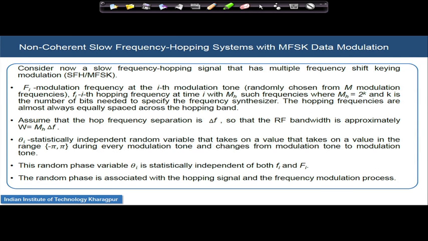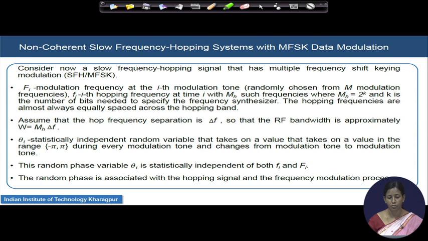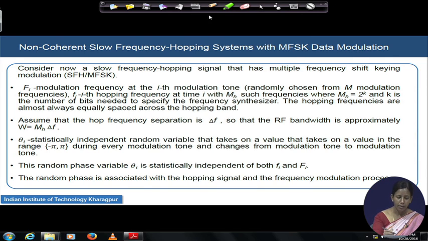A few more considerations, and now we will slowly enter into understanding MFSK data modulation, and how the frequency hopping spread spectrum system would look with it. Let us consider that capital Fi is the modulation frequency, the ith modulation tone.